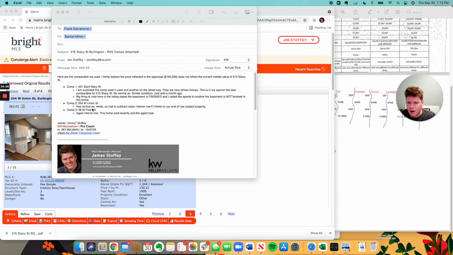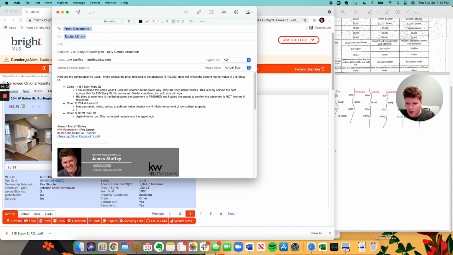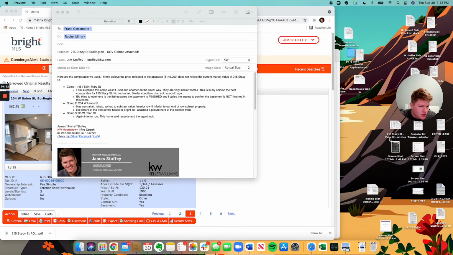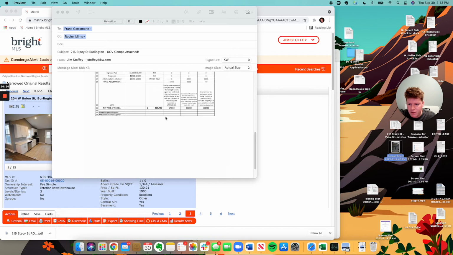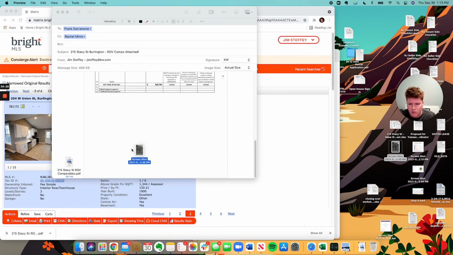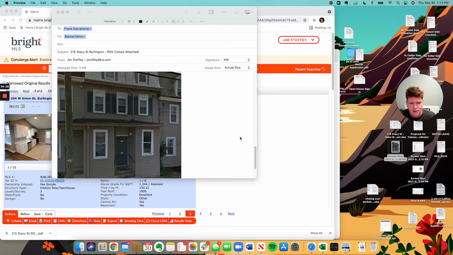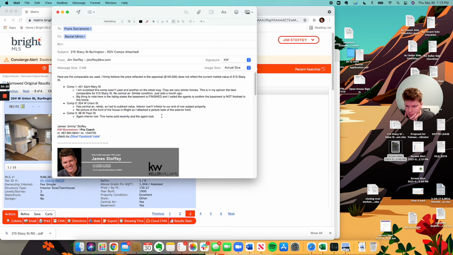There's no picture of the front of the house in Bright, so I attached a screenshot or a picture. I don't need to tell them it's a screenshot of Google Maps, right? They'll figure that out on their own. So I attached a picture here of the exterior front. Here's that picture.